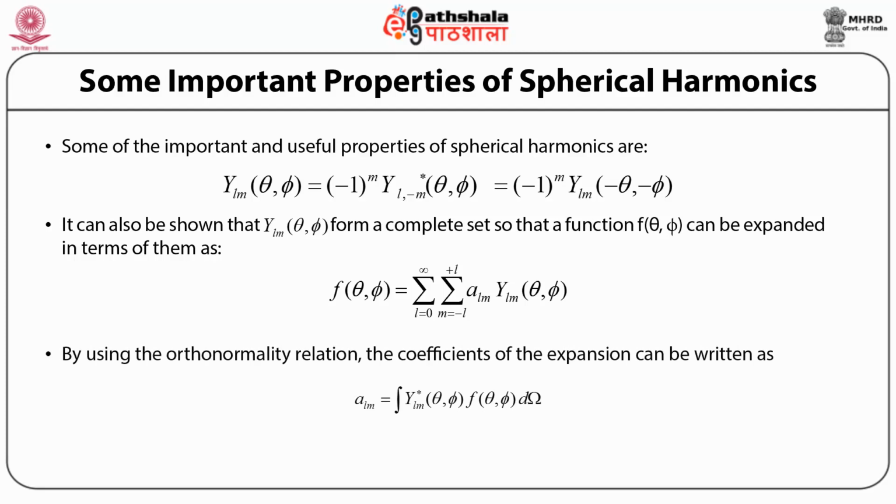By using the orthonormality relation, the coefficients of the expansion can be written as Alm is equal to integral Ylm star theta phi into f of theta phi d omega.